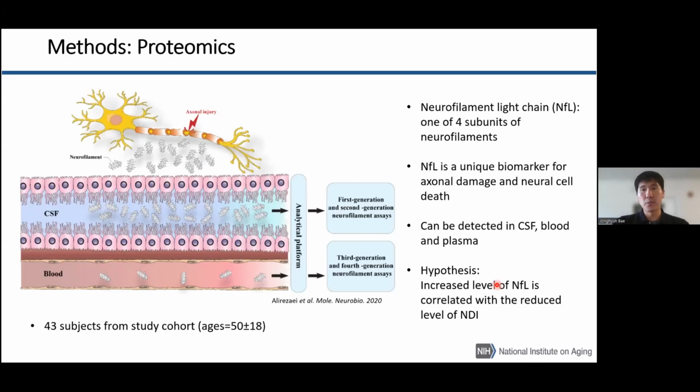NFL is one of the 4 subunits of the neurofilaments, and it has been shown to indicate axonal damage and neural cell death. This can be sampled from both CSF and blood. We collected samples from 43 subjects among the study cohort mentioned earlier. Our hypothesis here is that the level of NFL will be negatively correlated with our NDI measures.